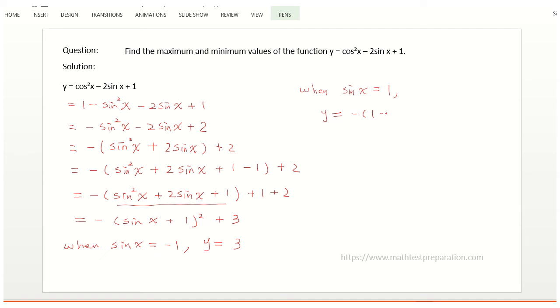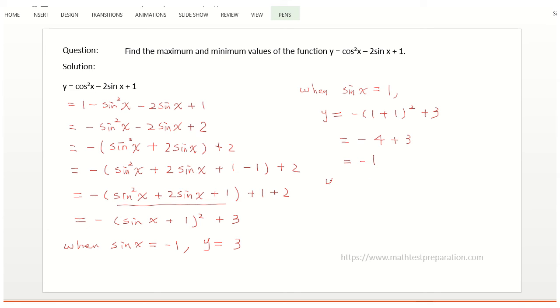Positive 1 plus 1 squared plus 3. This equals negative 1 plus 1 is 2. 2 squared is 4 plus 3. This equals negative 1.